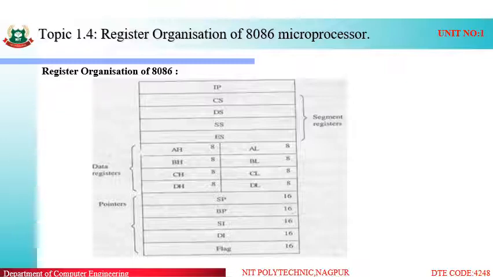So we have the instruction pointer register, four segment registers, four general purpose registers, two pointer registers, two index registers and a flag register. So if the question is asked, you have to compulsorily draw this diagram.